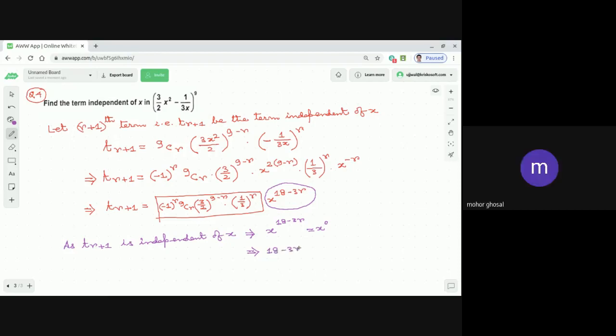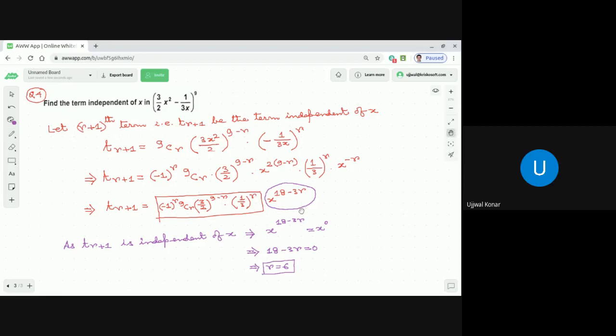That implies r is equal to 6. So according to our assumption, which term is the term independent of x? The 7th term. So we get the 7th term is independent of x.